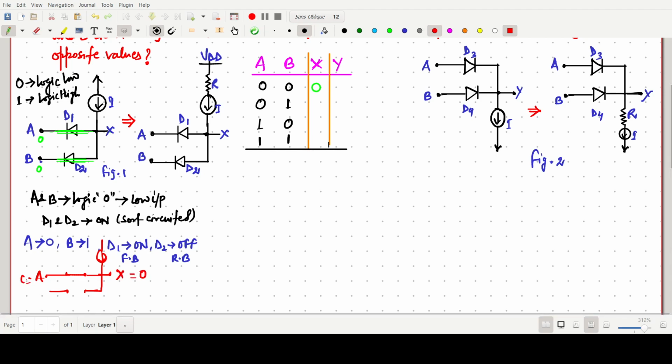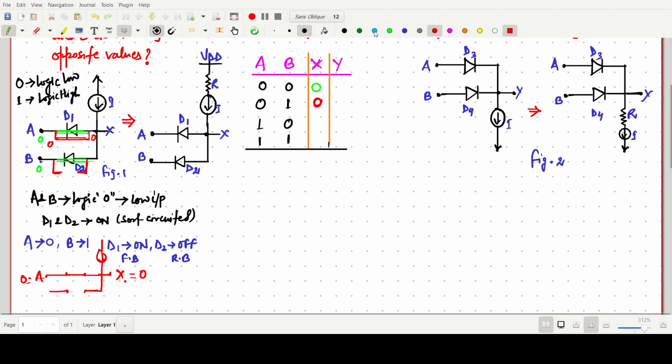So A will be shorted, and B is open circuited. Again A's value appears at the output, so X will be 0. Here D2 is open circuited.